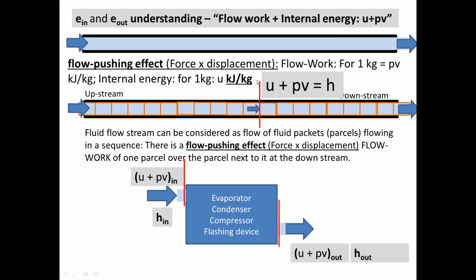So here you can see at this point, there is a flow work, PV, and internal energy is the energy, the molecular level kinetic energy remains within this parcel. Let's say this is 1 kg. So that internal energy plus the flow work is the flow work plus internal energy at this point. Okay, good.